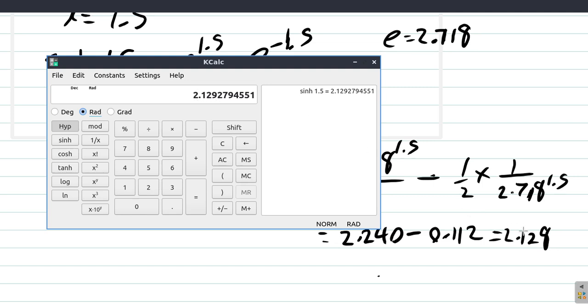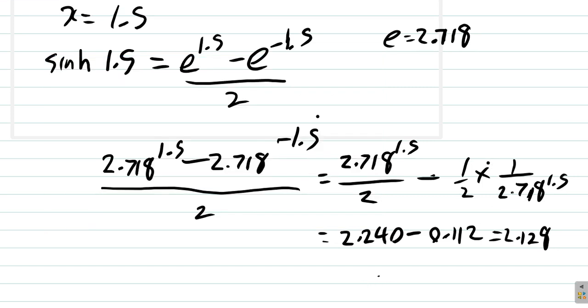To two decimal places, it would be 2.13. All right? So that would work with any number. So that shows you an example where the hyperbolic sine of 1.5 equals e to the 1.5 minus e to the negative 1.5, over 2.